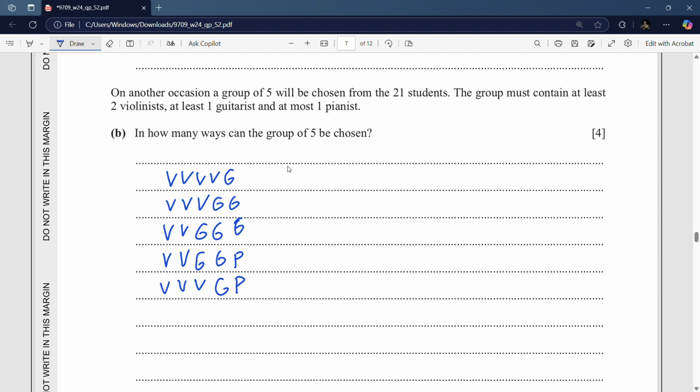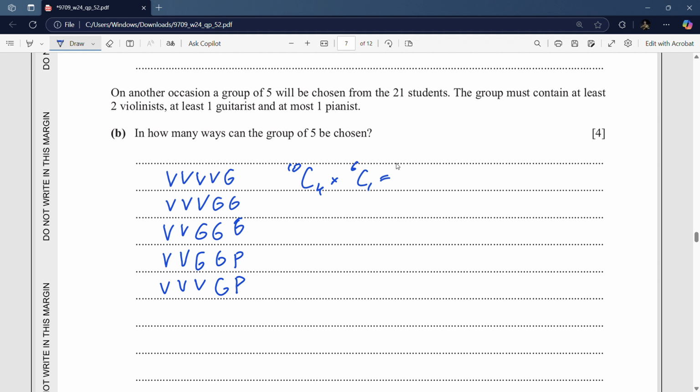So here we had a total of 10 violinists, and we are choosing only 4 of them. We multiply by, we had 6 guitarists, so 6C1.